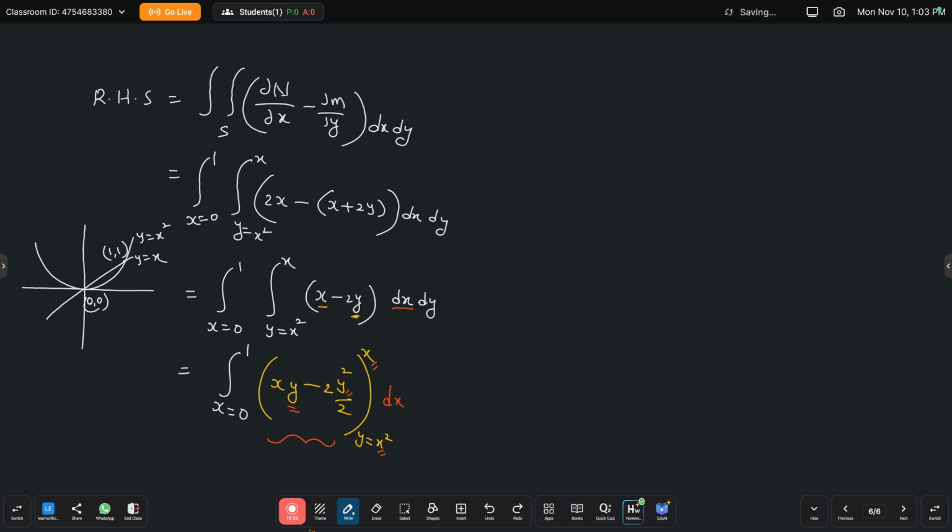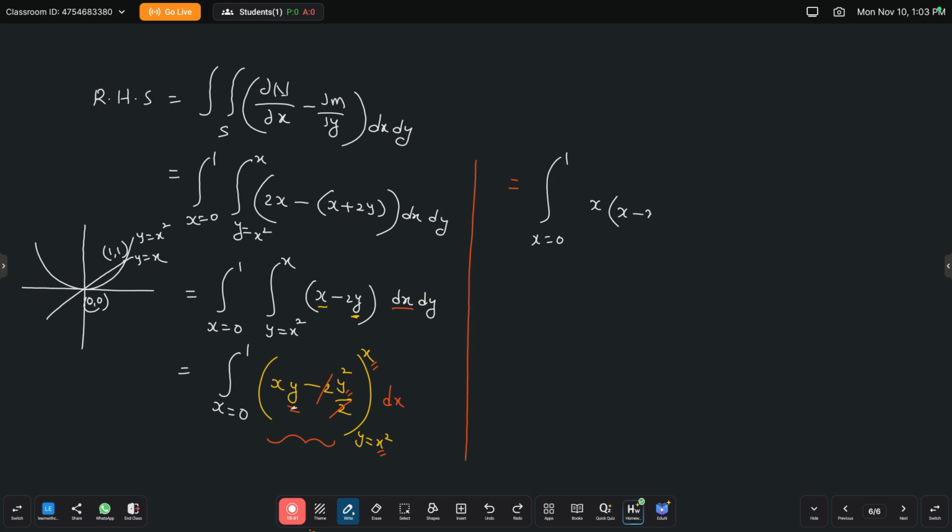Now after replacing the limits, x limits are 0 to 1, x is constant, y means upper limit x minus lower limit x squared.